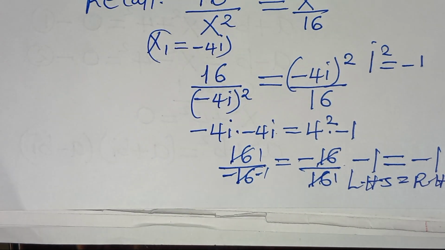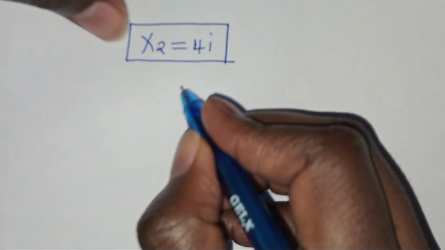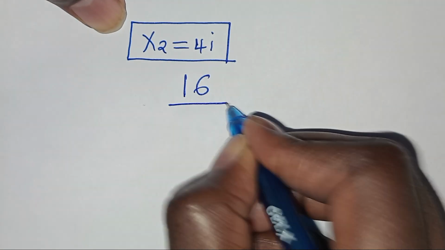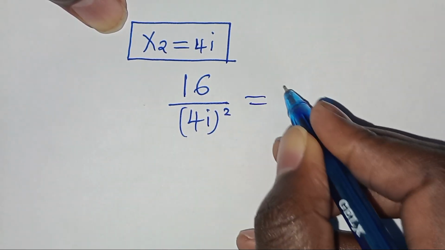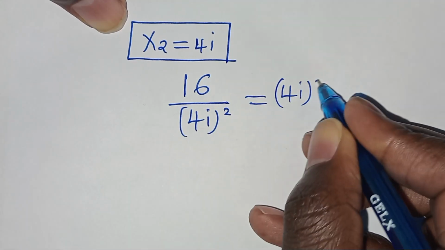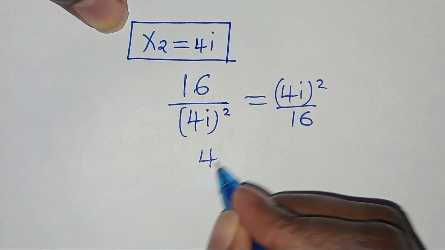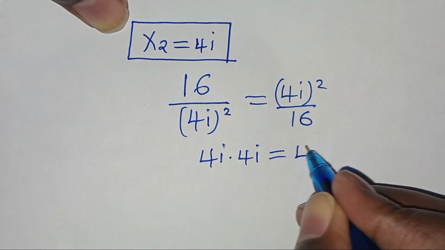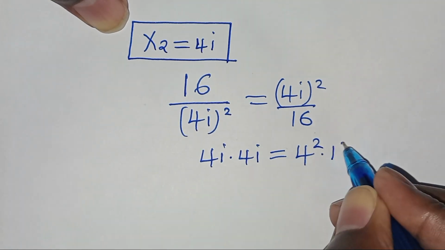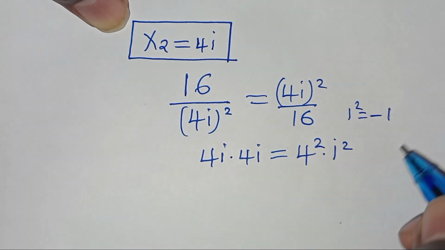So let's proceed to x2. Now let's verify x2. Remember here we have 16 over 4i squared, which is equal to 4i squared over 16. So we have that 4i times 4i is equal to 4 squared times i squared. But i squared is equal to minus 1.